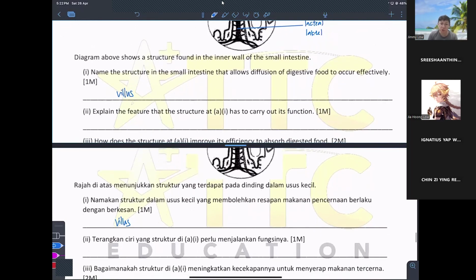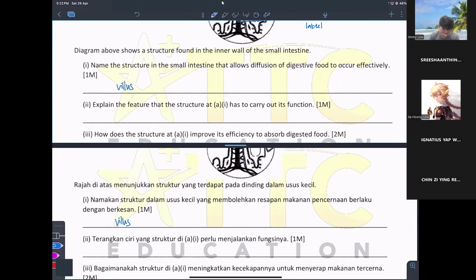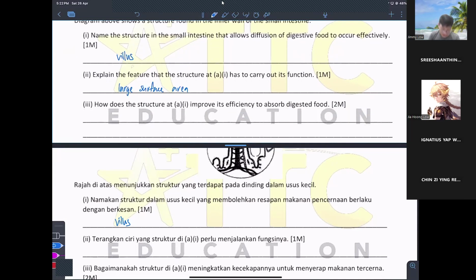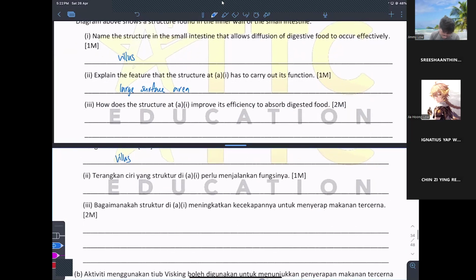So explain the feature to carry out its function. What is the feature? You can say one cell thick. We have written one cell thick already, so we don't write this again. We say large surface area. Correct or not? Just write large surface area, luas permukaan yang besar.